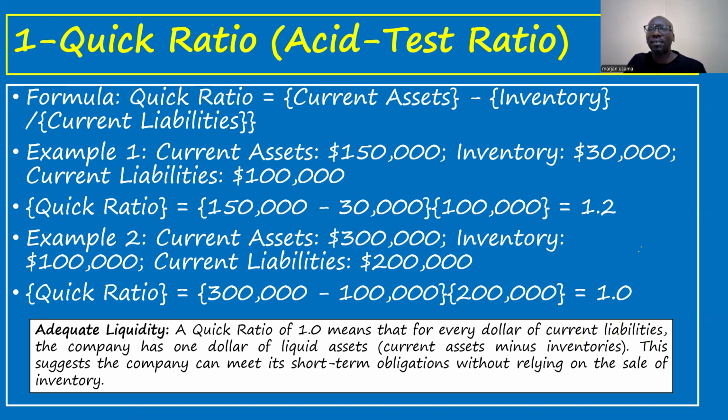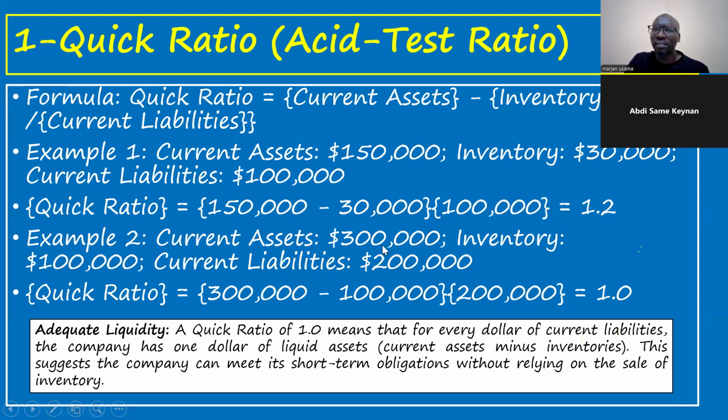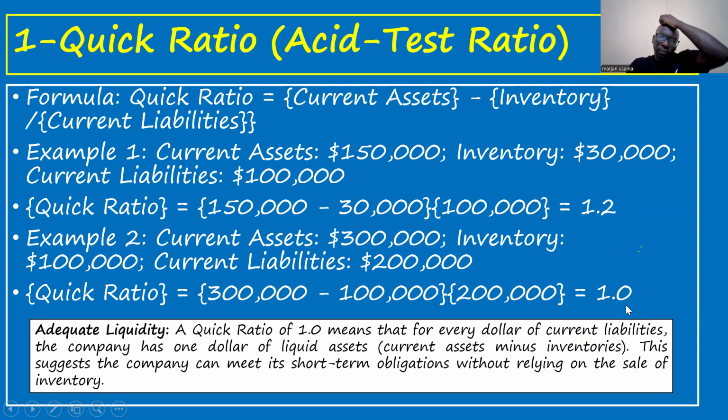As easy as that. So the first example, you get 1.2 if you use your calculator. Another example, you can be given current assets 300,000, inventory 100,000, current liabilities 200,000. If you just apply the formula, copy paste, you are going to get 1.0.